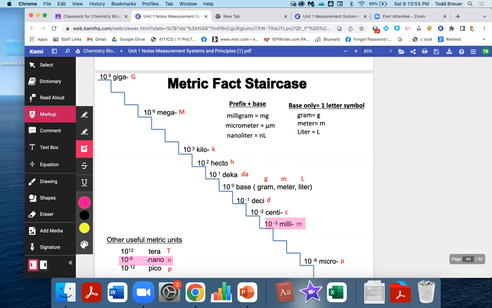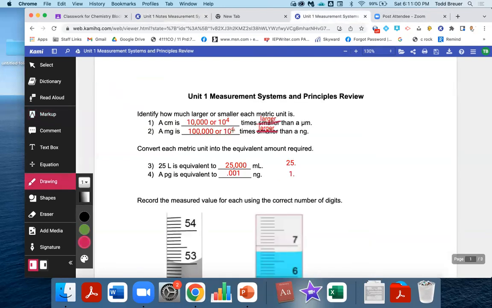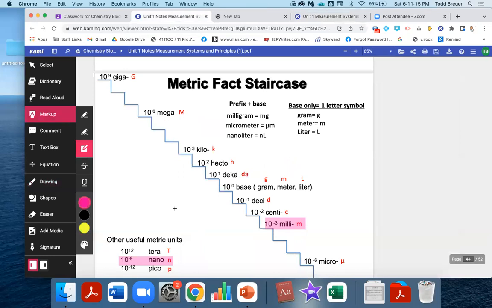They would be 6 factors of 10 apart, therefore, or 6 positions apart. So we say it is 10 to the 6 or 1 followed by 6 zeros. So a milligram is 1,000,000 times larger than a nanogram. So our metric staircase is a really nice way to make these comparisons.